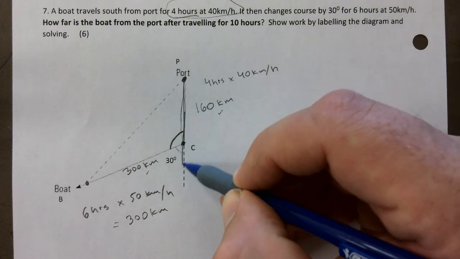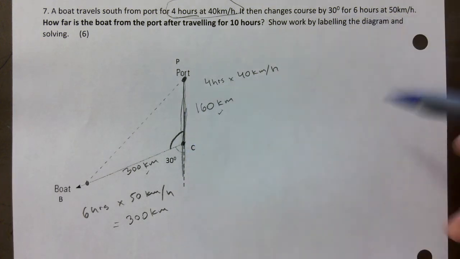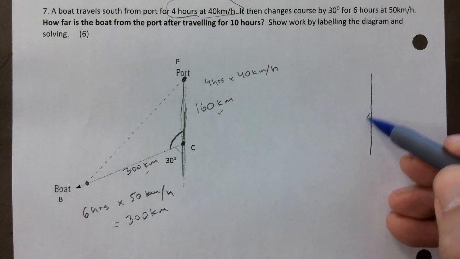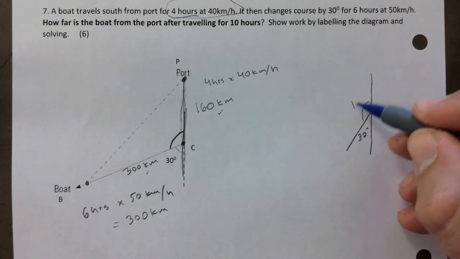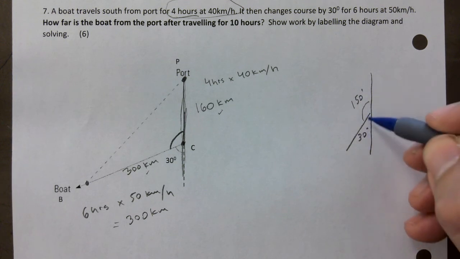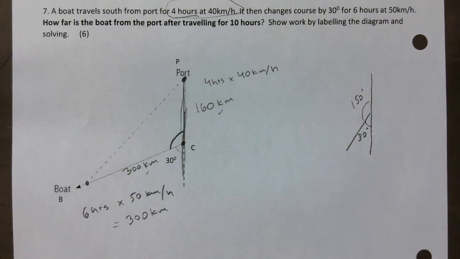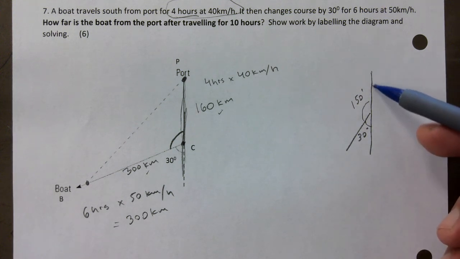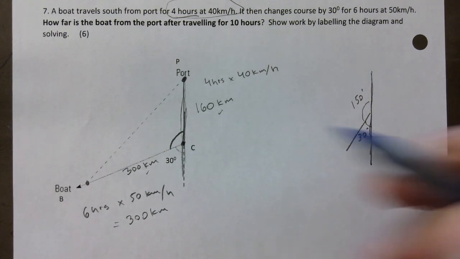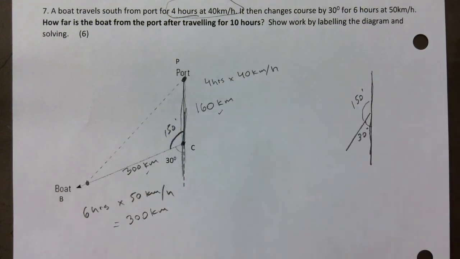Again, this isn't a straight line, right? If you have this and I tell you that this is 30, then you know that this is 150, right? They add up to 180. Same idea, it's just now the line is this way. But this is still a straight line, right? So that's another mark there.